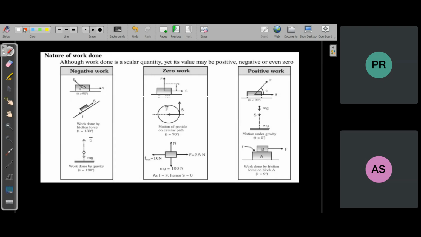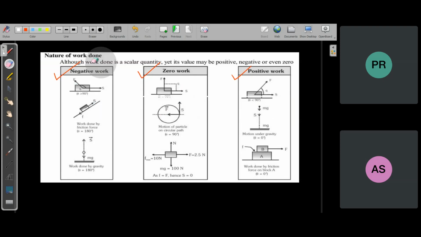So you understood that work can be negative, work can be 0, or work can be positive, depending on theta, because it is f s cos theta. When cos theta is negative, it will be negative. Cos theta 0, it will be 0. Cos theta positive, it will be positive.